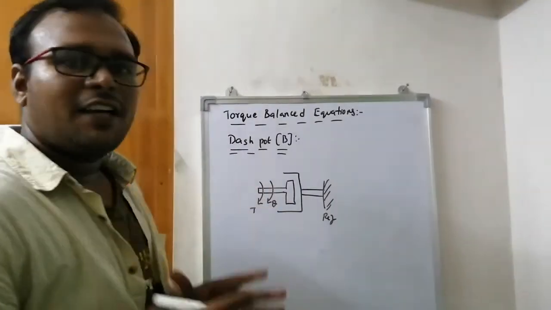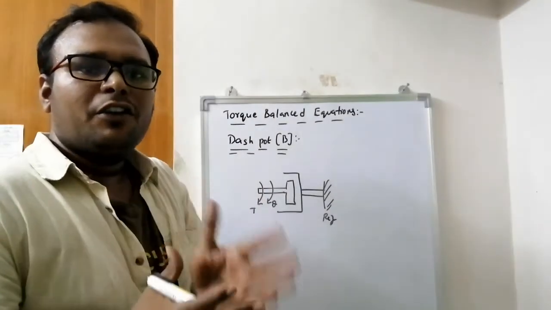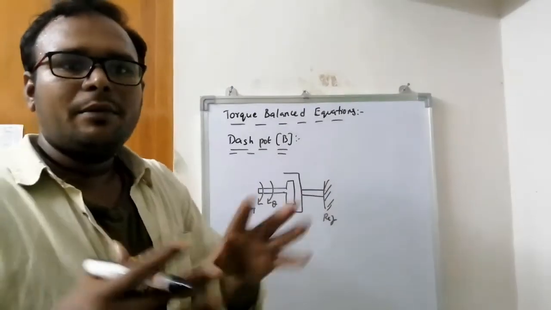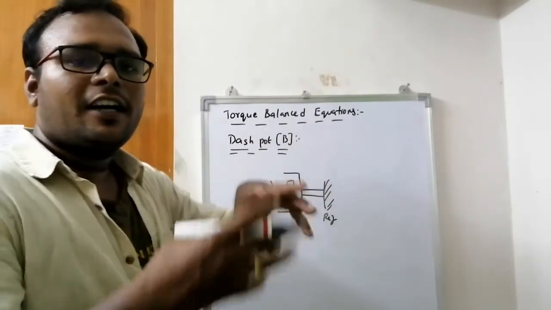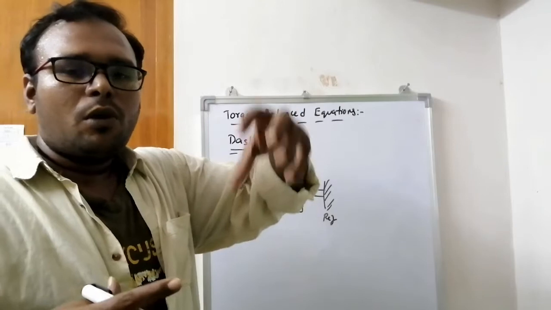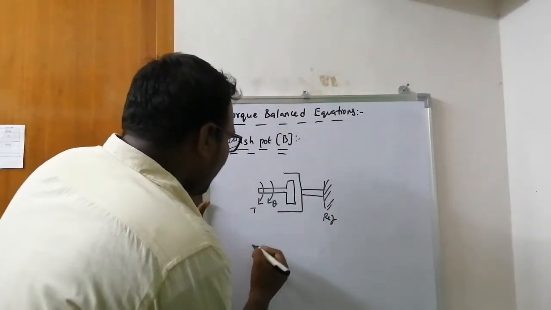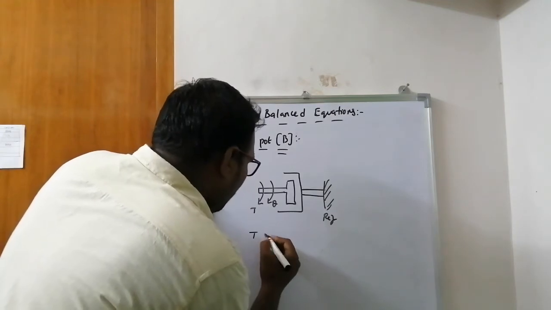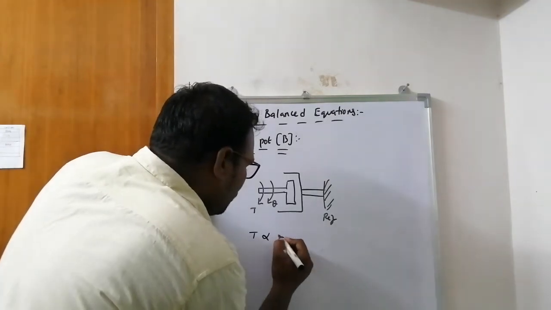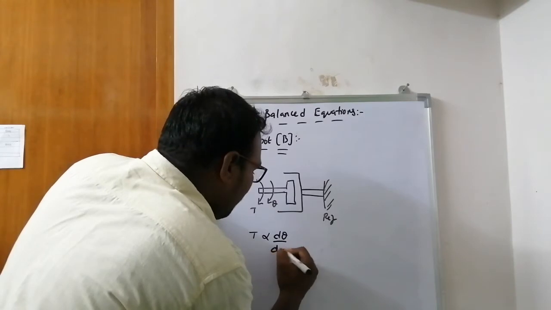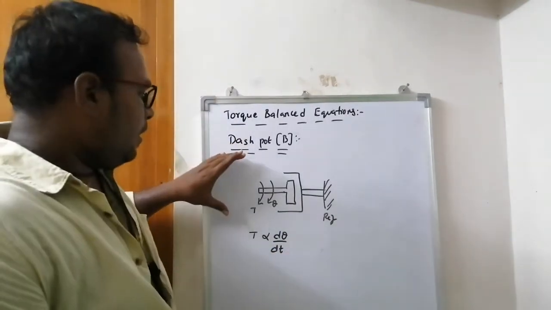This is like a cylindrical piston filled with viscous fluid. So this represents the friction between the links joining the moments of inertia. These are the connections from one moment of inertia to another. We know that torque is directly proportional to the angular velocity of the piston.